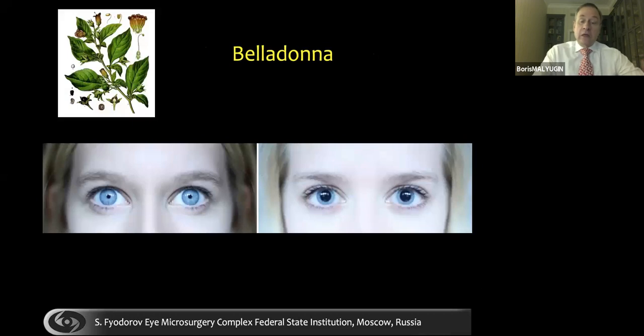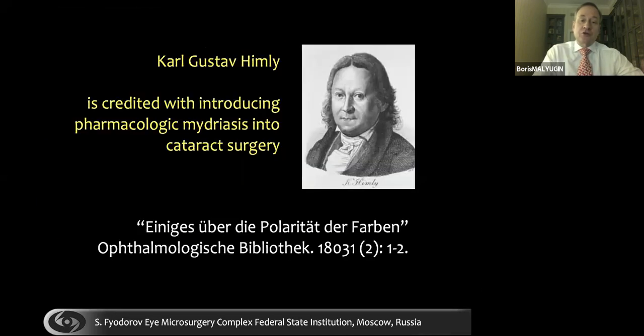Later on, pharmacological substances were used. One of them is belladonna, or as we know it, atropine, and it was introduced to ophthalmology by Carl Gustav Himly in his seminal work, which was published in 1831.